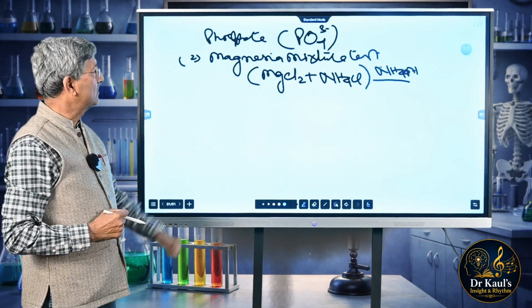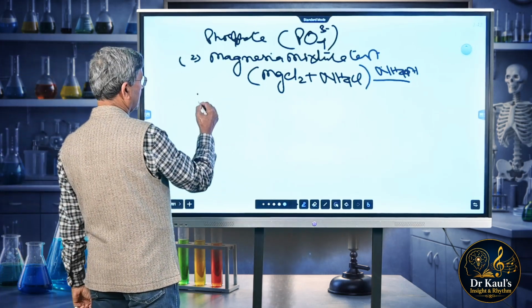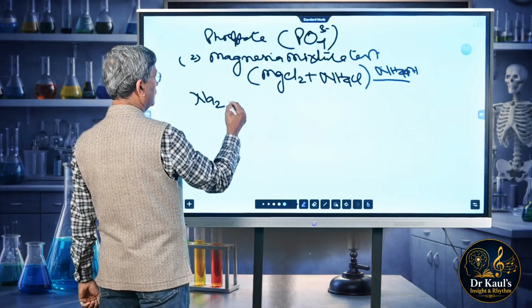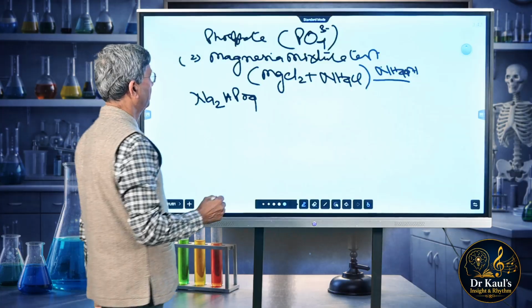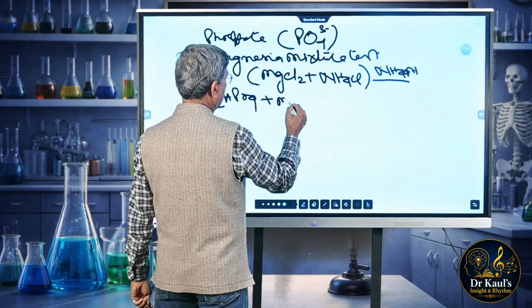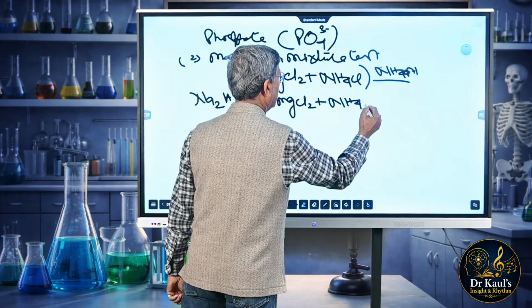So this magnesia mixture is added to the soda extract containing phosphate. Let us say we have Na2HPO4, sodium hydrogen phosphate, plus we add magnesium chloride plus ammonium chloride.